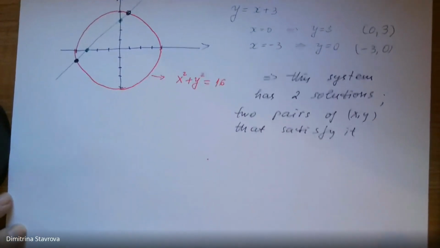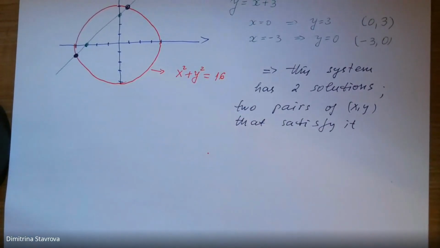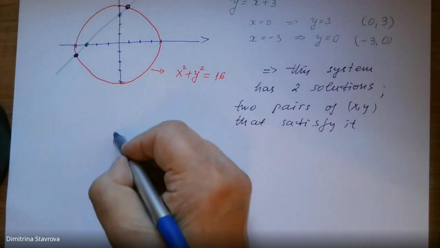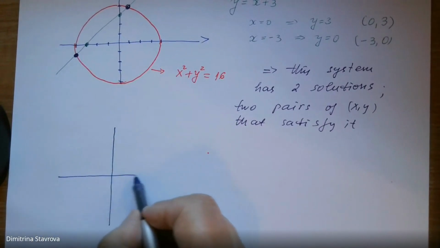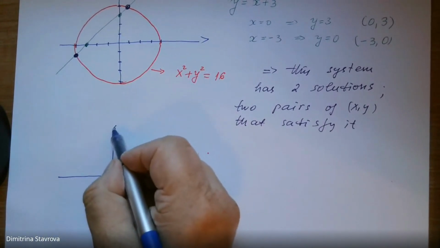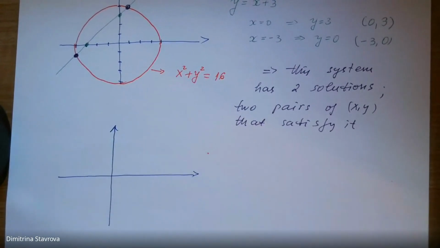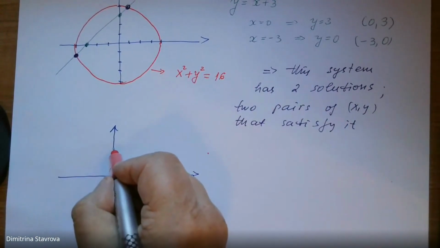Without going into much detail and without writing a specific equation, just to get the flavor of different types of systems and solutions, let's look at some other cases that can happen. So again, let's have some circle.